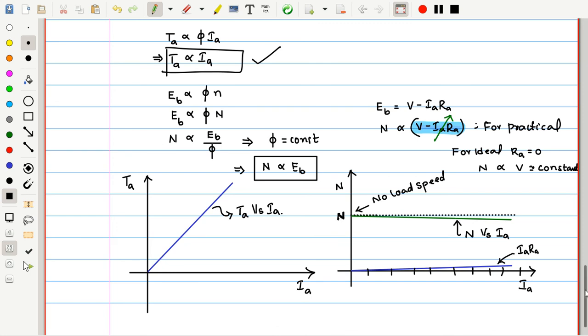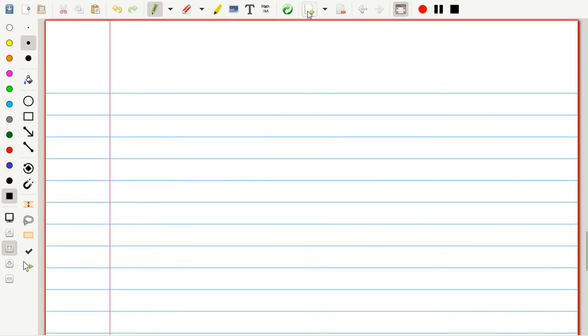And one more thing, let us see here. We know usually the machine power is constant. So can I say the armature power, the armature torque into its corresponding angular velocity, is the power? Which power? Armature power. How much is this? Eb into Ia. In reality, this will be almost constant. The power developed in the armature of a shunt machine is constant.